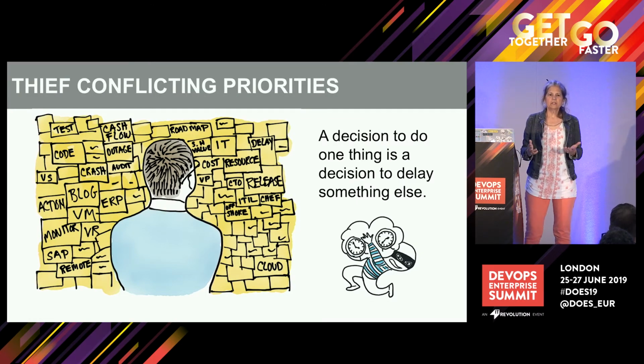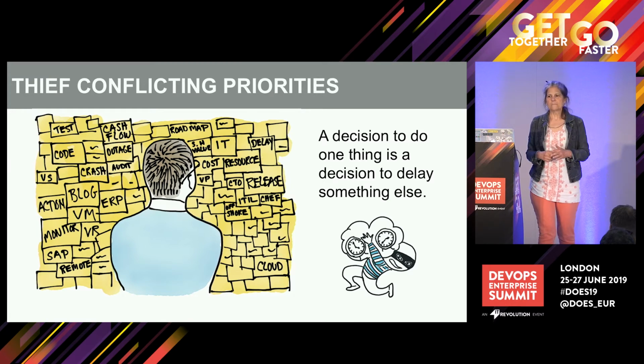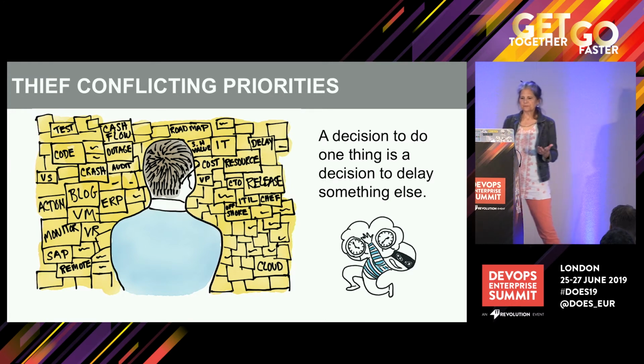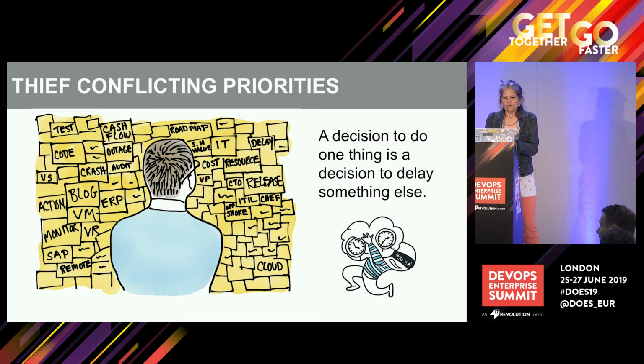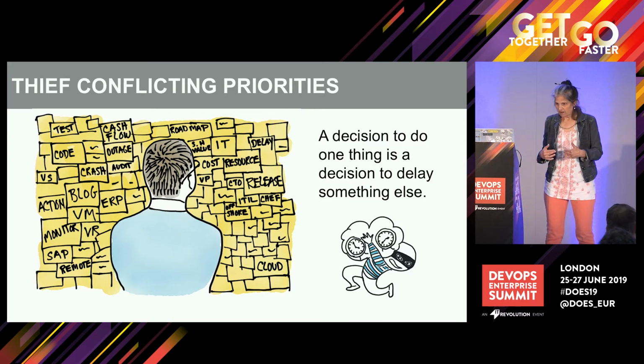So the problem here is Team A's top priority is not Team B's top priority. And so there are all these projects happening all at the same time, because we can only do one thing at a time.